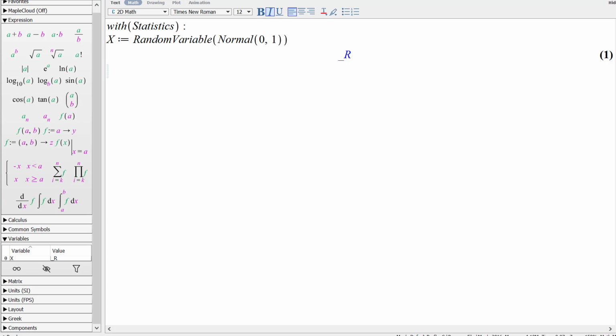So I can do, for example, Z as the square of X. So now Z will follow a chi-square with 1 degree of freedom.